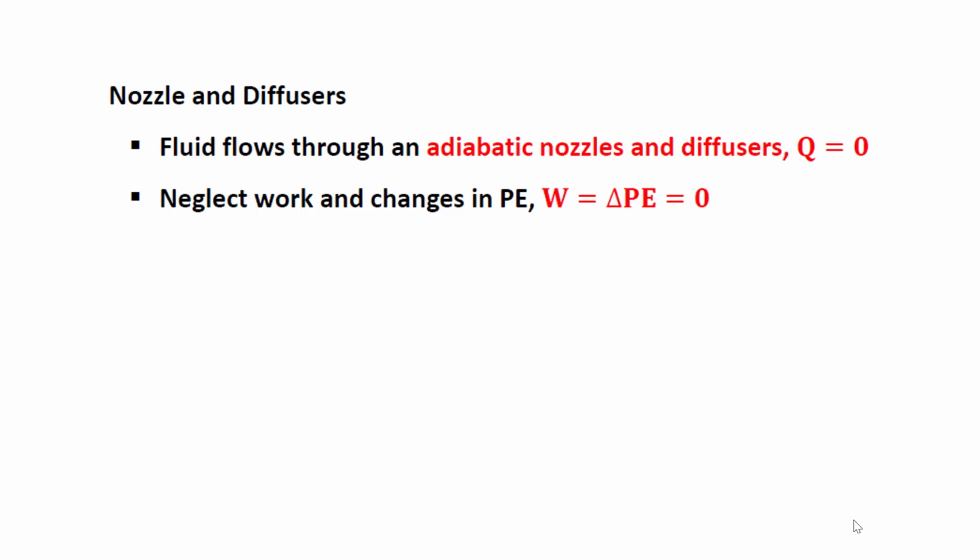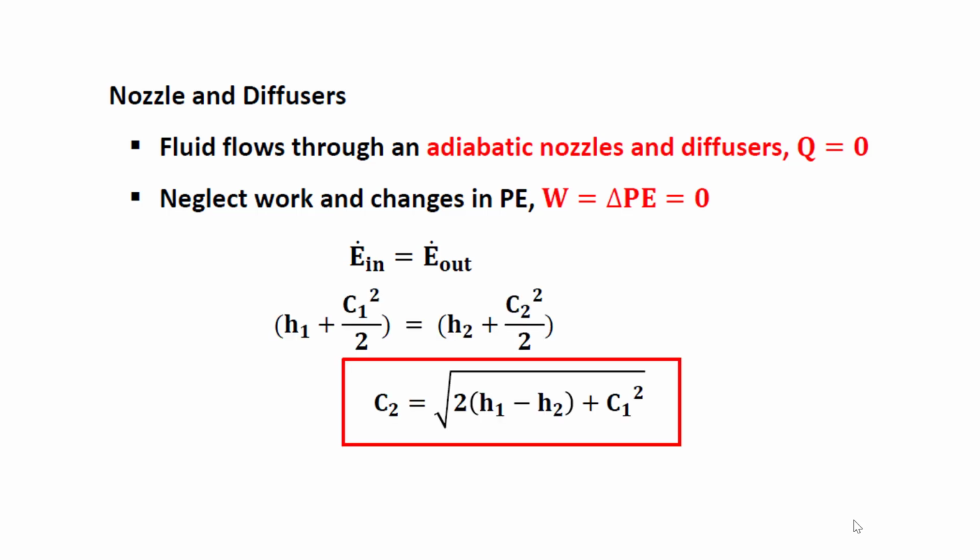Since there is no change in the elevation at entrance and exit, the potential energy is also equal to 0. Work is also equal to 0 because there is no change in the volume. So rewriting the first law energy equation, we will get H1 plus C1 square over 2 equal to H2 plus C2 square over 2.